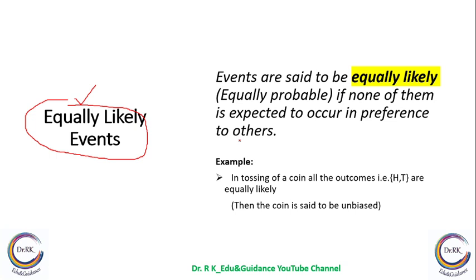In tossing of a coin, all are equally likely events. That means the probability of getting a head and the probability of getting a tail are all the same. Then the coin is said to be an unbiased coin. This is an important term for us. Unbiasedness is one of the important terms.